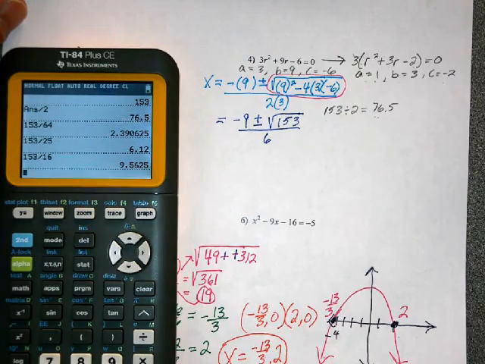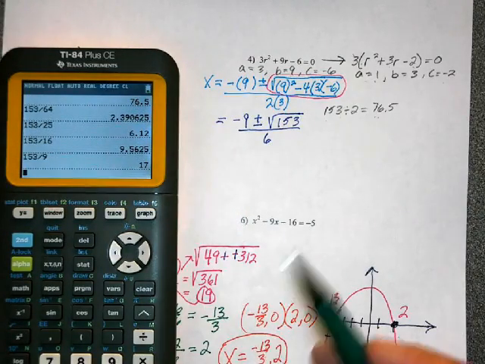And then 16 was 4 squared, so I need 3 squared, which is 9. So I'm going to take 153 divided by 9, and I get 17. So 9 is a factor of 153.